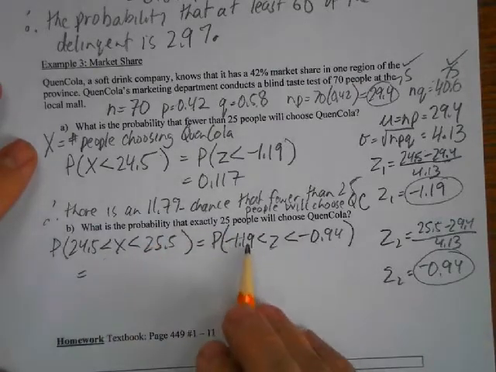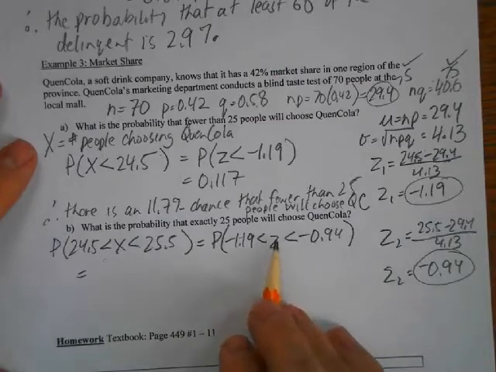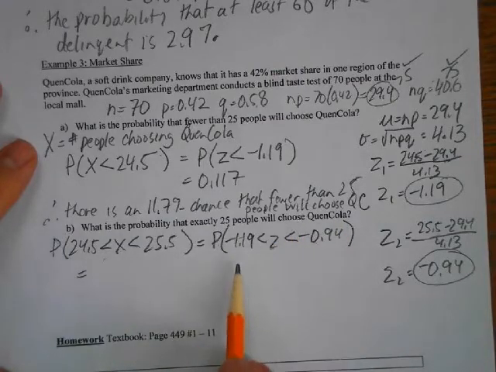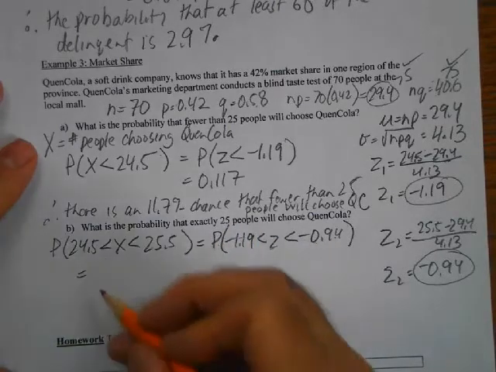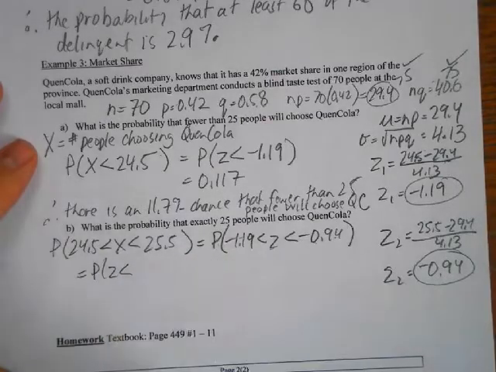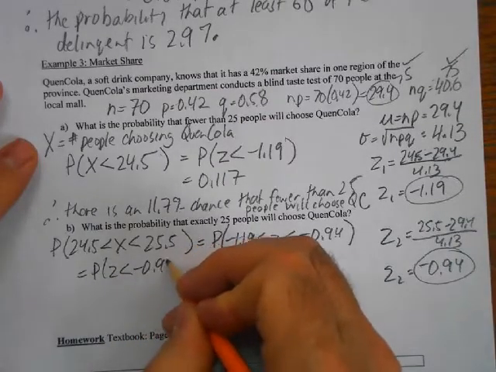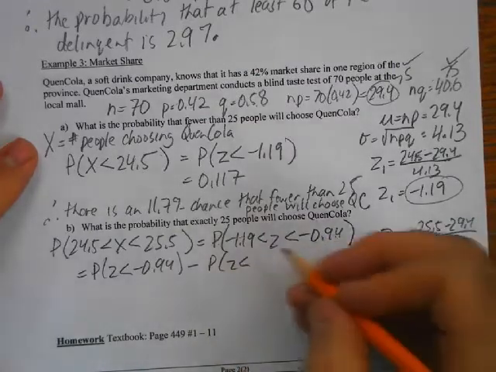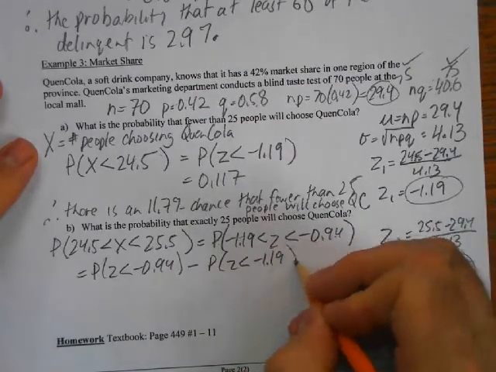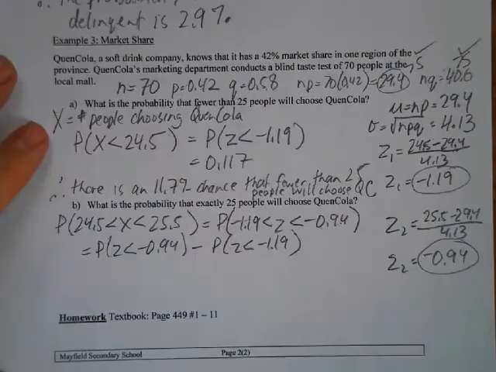And remember, we break this into two Z-scores: the probability that Z is less than the higher one, which is this one, minus the probability that Z is less than the lower. So the probability that Z is less than negative 0.94 minus the probability that Z is less than negative 1.19.